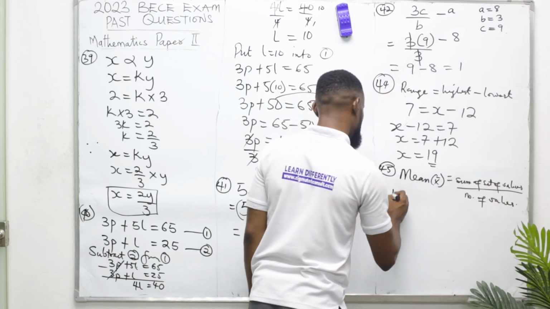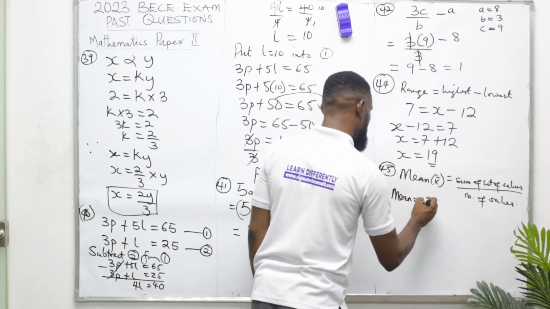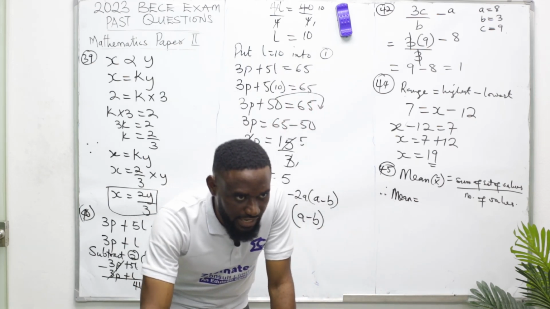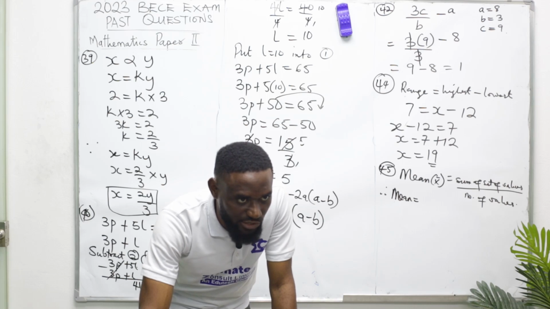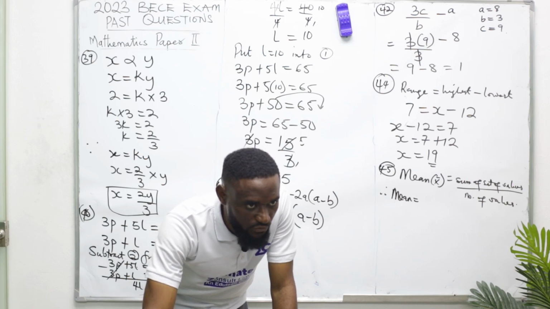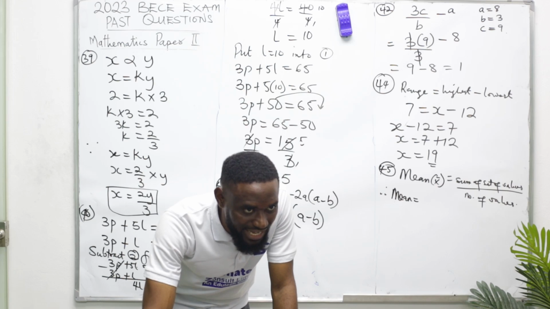That is the sum of all the numbers we have here, 24, 18, 40, 22, and 31, then divided by how many numbers there are. We have 1, 2, 3, 4, 5.